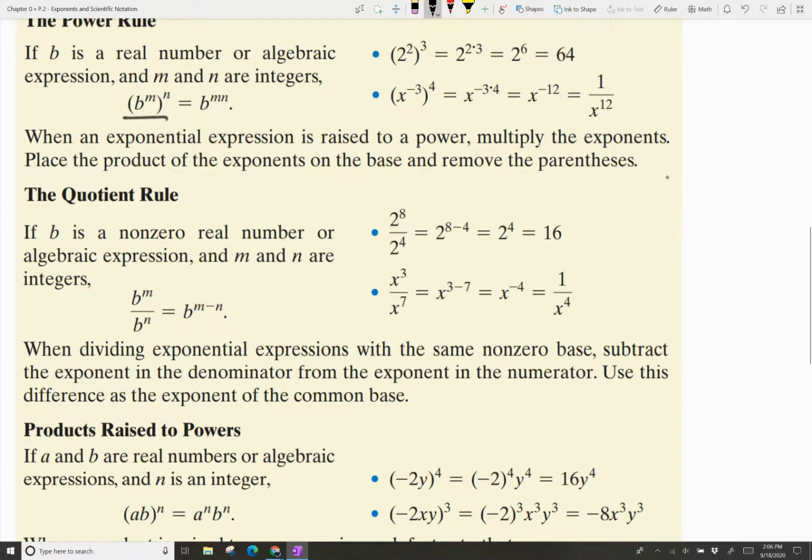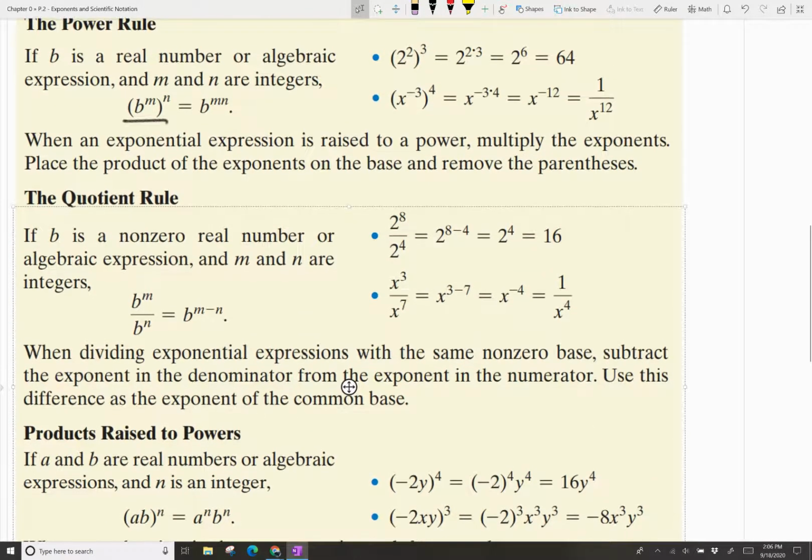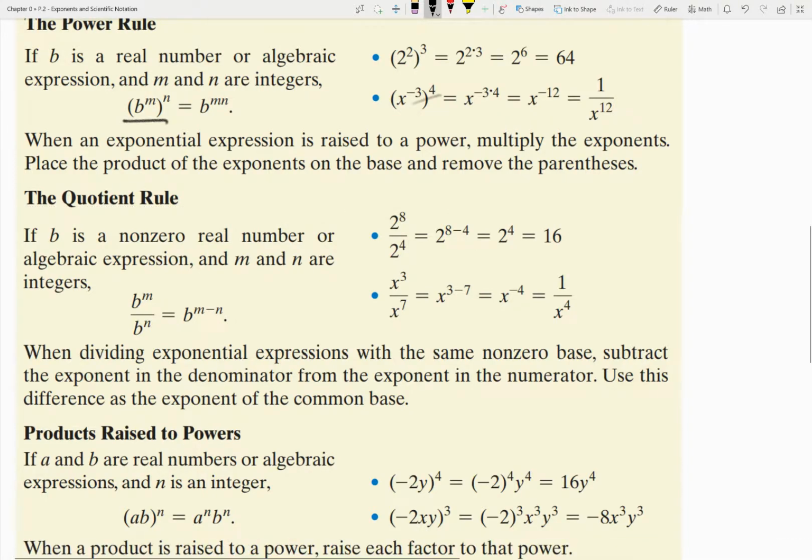So 2 squared to the third power gives me 2 to the 6th power. It works with negative exponents again as well. So x to the negative 3, to the 4th, gives me x to the negative 12th power.